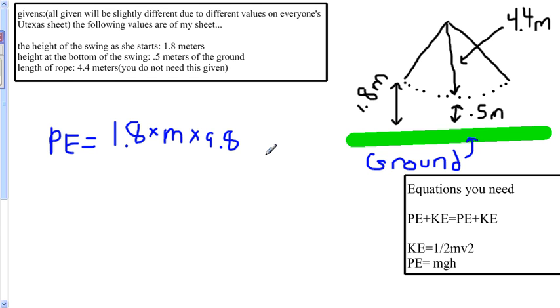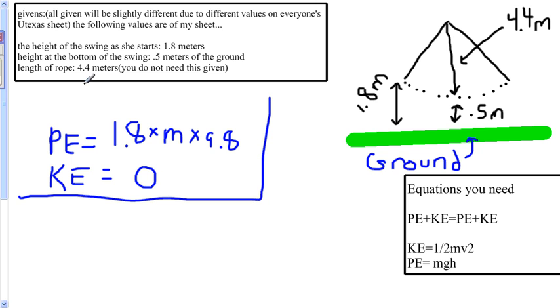Kinetic energy equals 0. This is because they have no velocity, and so it cancels out the mass and the 1/2. Okay, so this is the top, T O P.